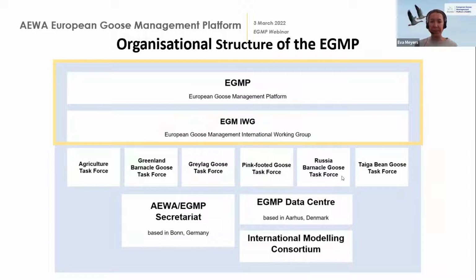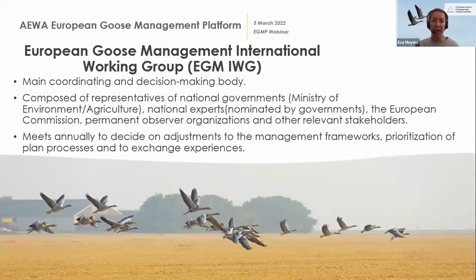So the organizational structure of the EGMP might seem a bit complex, but in fact it is not so. I will walk you through the different bodies and entities. Under the European Goose Management Platform, the European Goose Management International Working Group was established. This working group is the main coordinating and decision-making body of the platform.